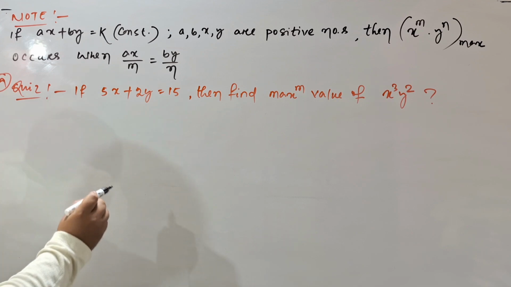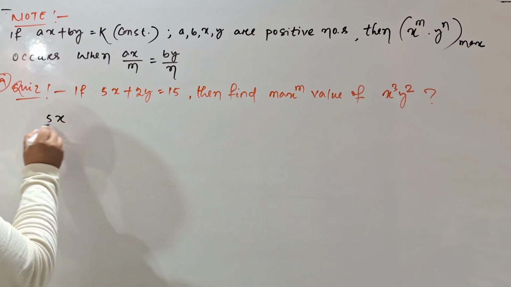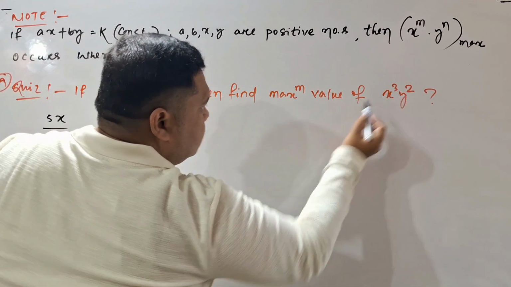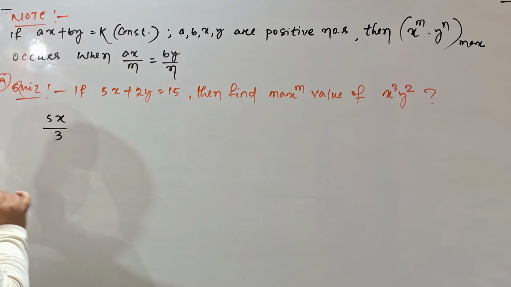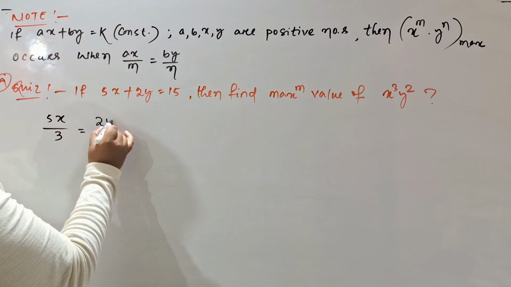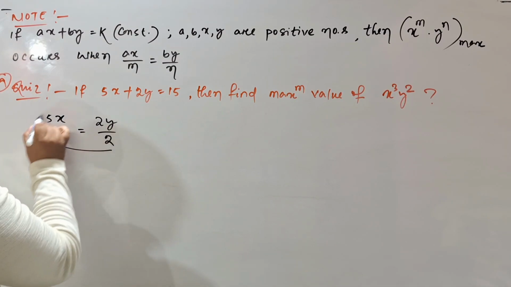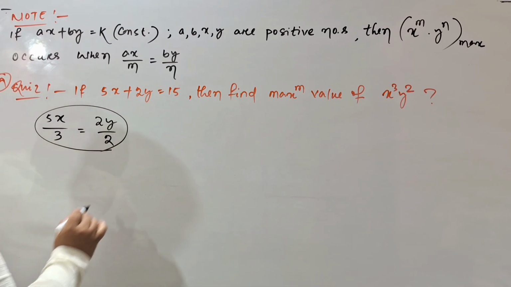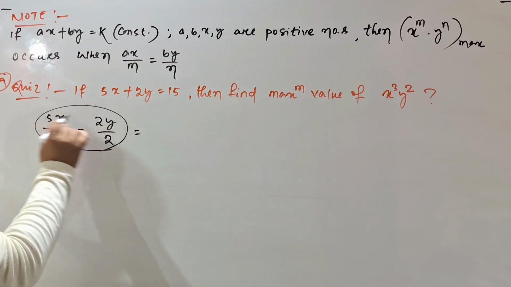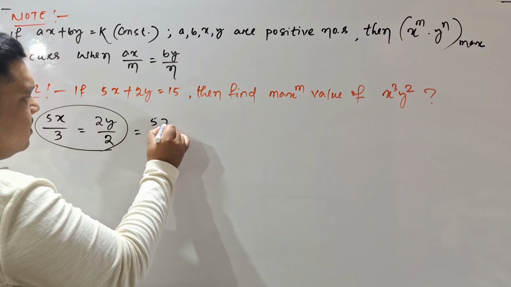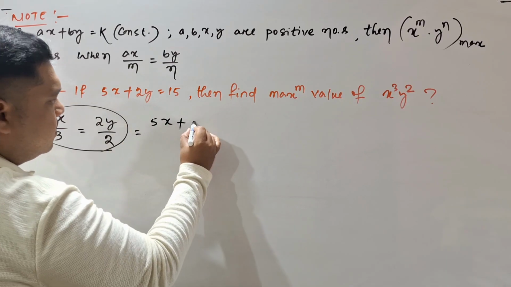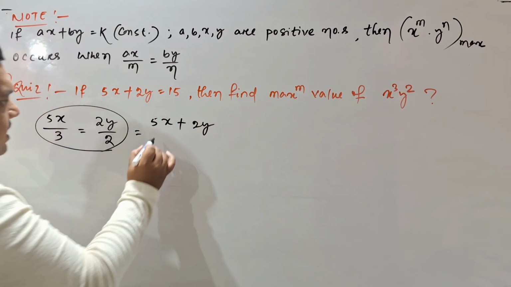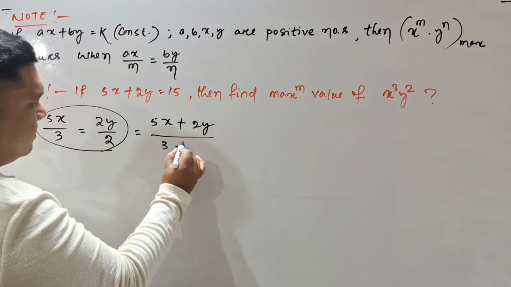When the maximum occurs, 5x divided by 3, since the power of x is 3, is equal to 2y divided by 2. At this condition, maximum occurs. If I add these two values, applying the property of ratio, divided by 3 plus 2 is 5.